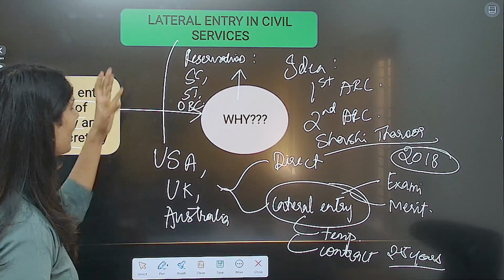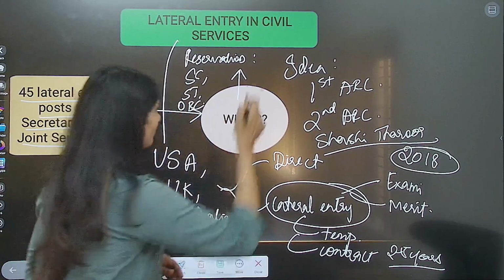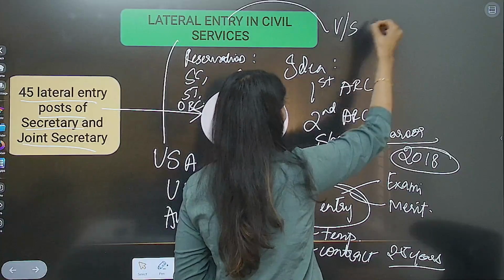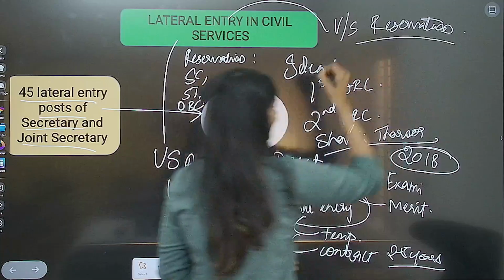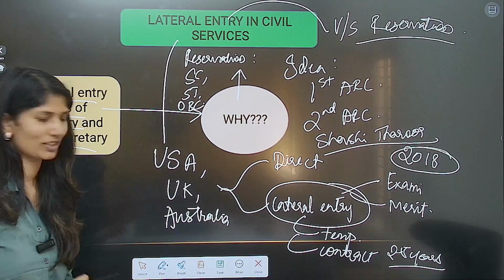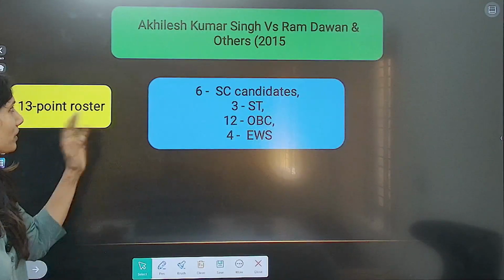Time and again, if you see, lateral entry has always been trying to escape reservation. It was lateral entry versus reservation. It has always somehow tried to escape reservation. How it has tried to do that, and whether it is permissible, is what we will be seeing.